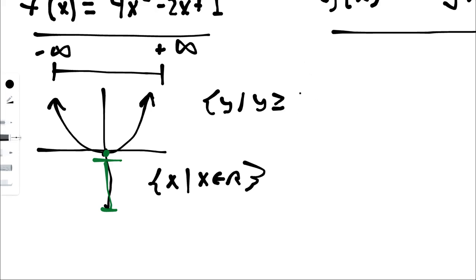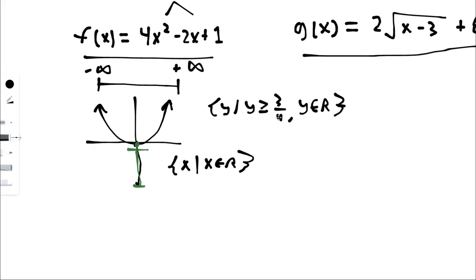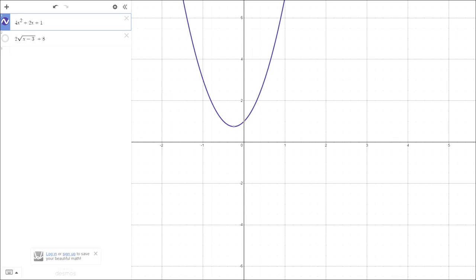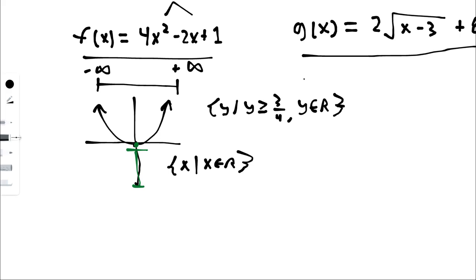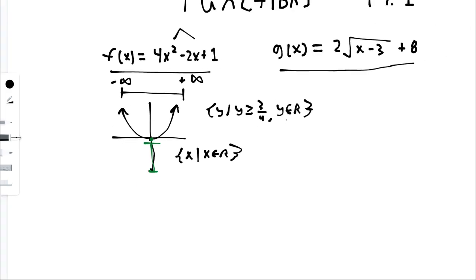So we'll say 3/4. And then y can equal all real numbers. There we go. So y has to be over 3/4. Other than that, it can be anything else. So that's how we do that function.